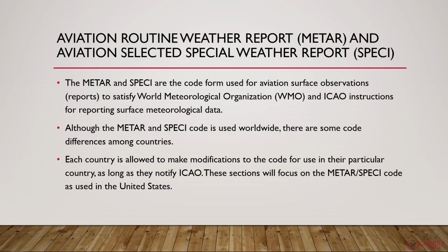Although the METAR and SPECI code is used worldwide, there are some code differences among different countries. Each country is allowed to make modifications to the code for use in their particular country as long as they notify ICAO. Now, ICAO is the governing body of worldwide aviation.